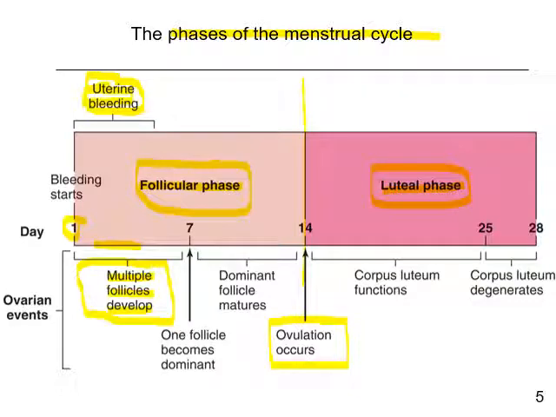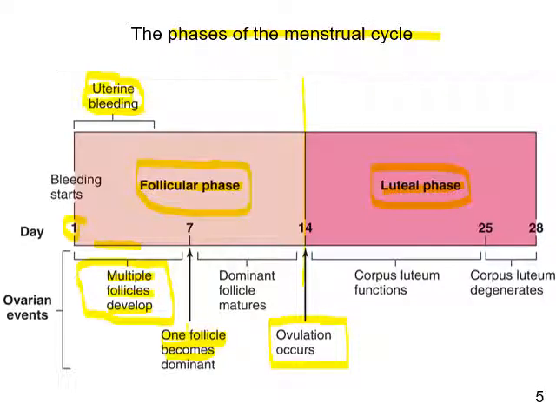One follicle is going to become dominant. Typically one, sometimes two, sometimes three, but typically one follicle becomes dominant, and the non-dominant follicles will undergo atresia or degeneration, a form of apoptosis.